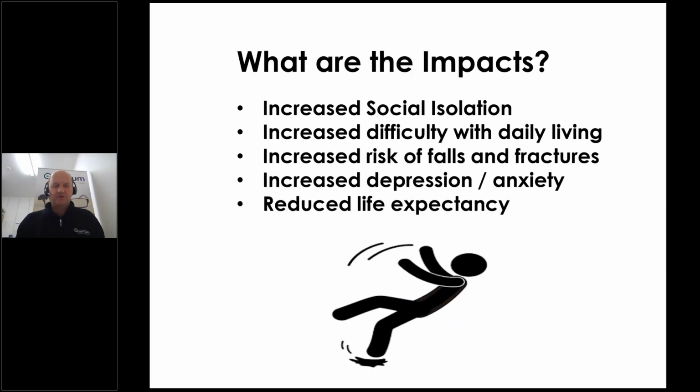So what are the impacts of losing your vision? The impacts are increased social isolation, difficulty with daily living tasks, increased risks of falls and scratches, increased depression, anxiety, and reduced life expectancy. So it really just means that you do have trouble doing the normal day-to-day activities that you would normally do.